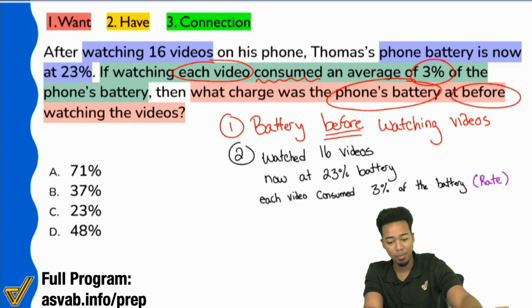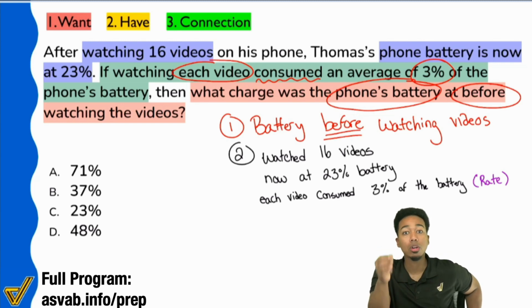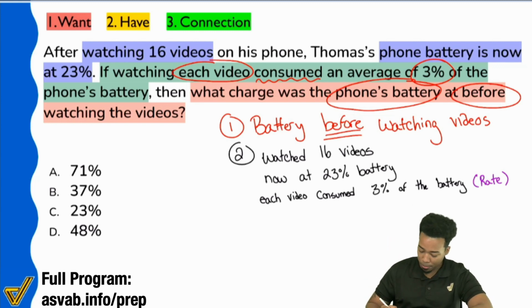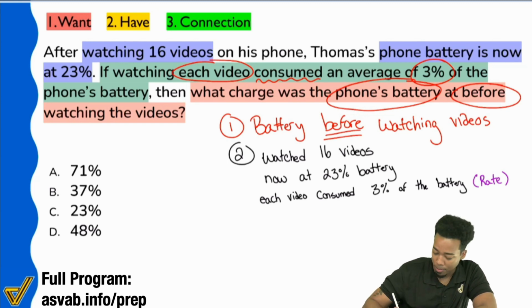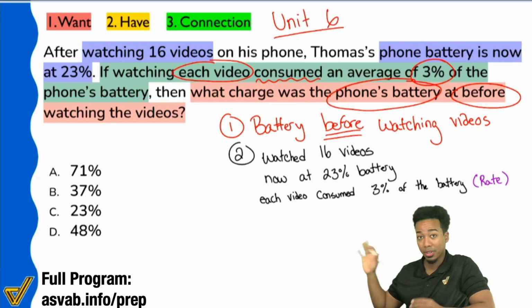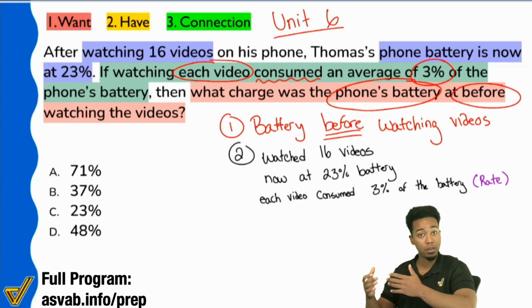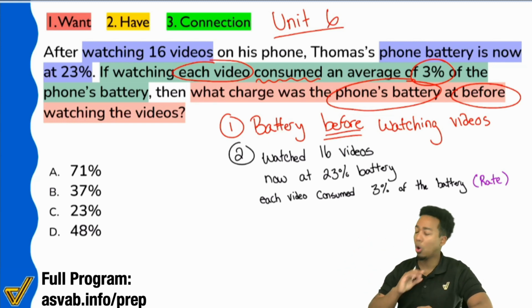Yeah, by the time I'm done sipping my water, that was what, 20 replies? Exactly. So yes, y equals mx plus b is exactly what we're going to be using here. And I'm going to remind you what each piece of that formula means. But before I continue, please make sure to write this down if you're in my program. This is Unit 6. If you want to tackle about 13 different types of this same problem, each of them telling you to look for different parts of the equation, this is going to be so helpful to you.